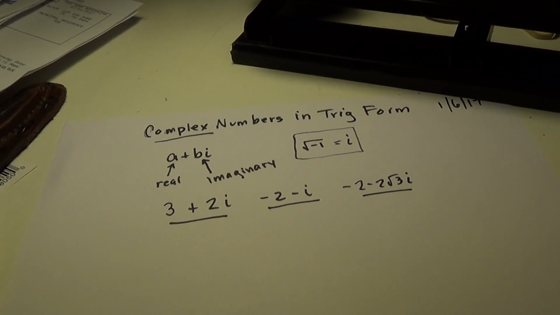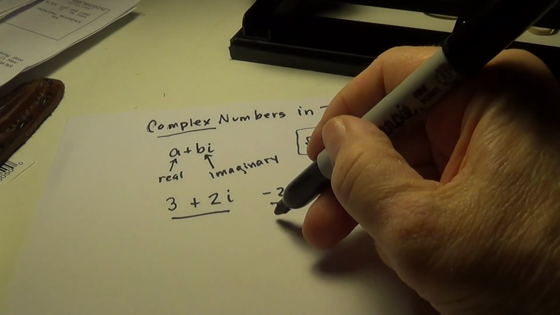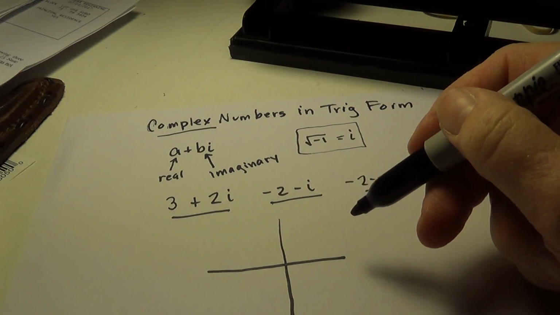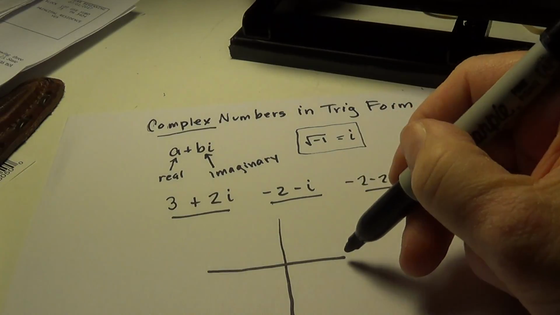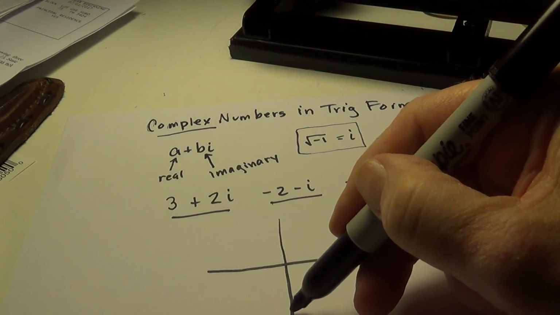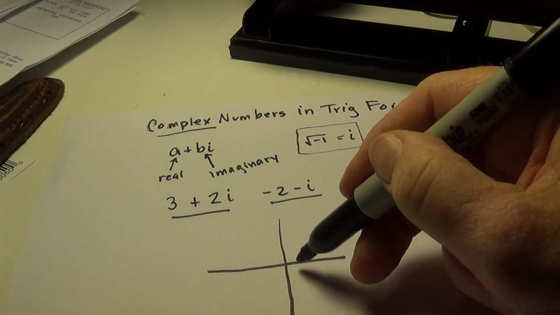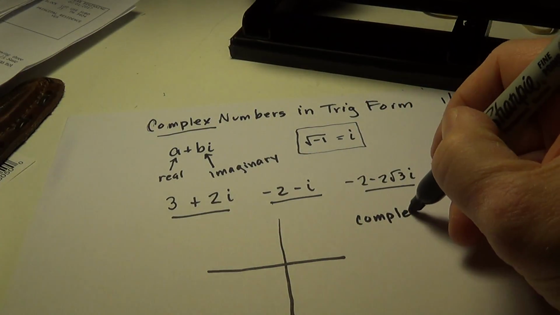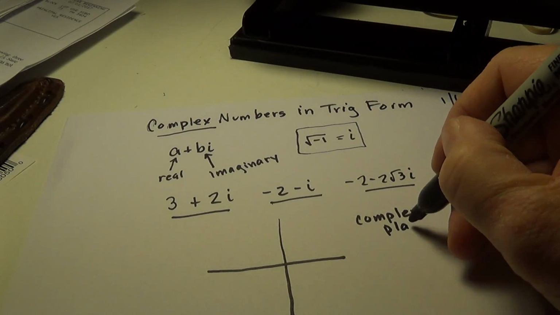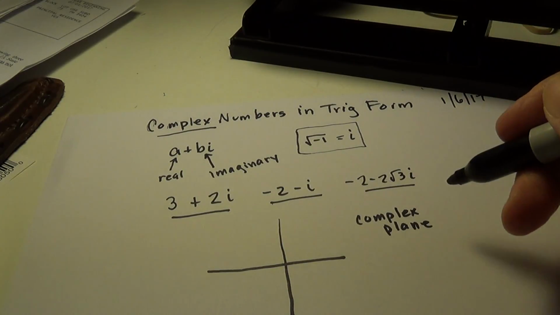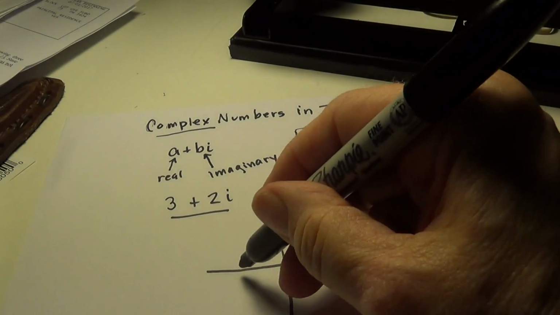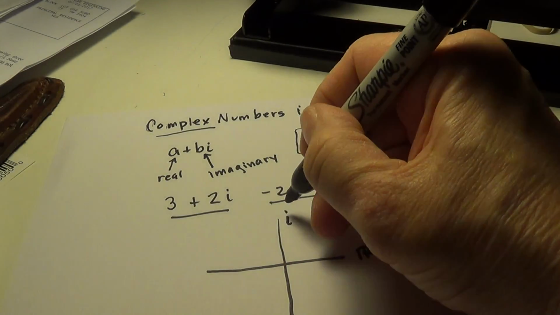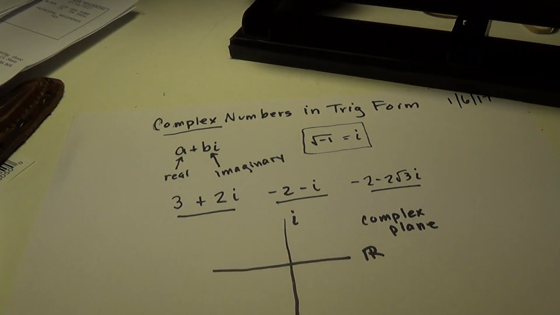Right. Complex numbers can be graphed, but we are going to leave the real plane. In the olden days, this used to be the x-axis and this used to be the y-axis. That's called the real plane, but we are now in the complex plane, sometimes called the Argand plane, and this axis is the real axis, and this axis is the imaginary axis.